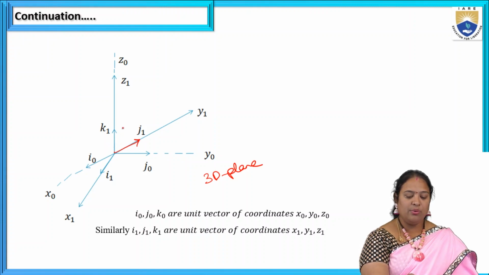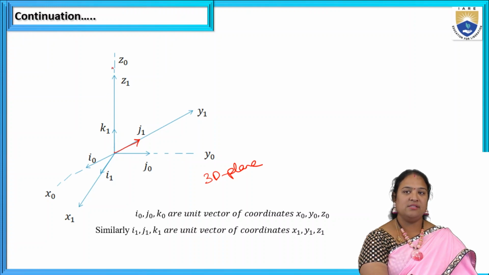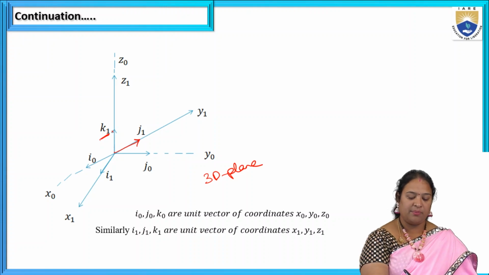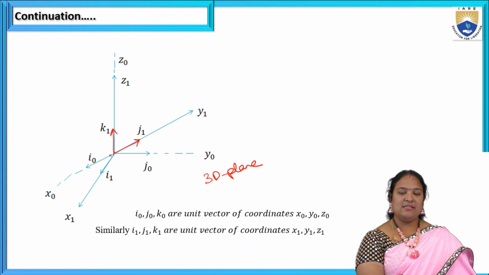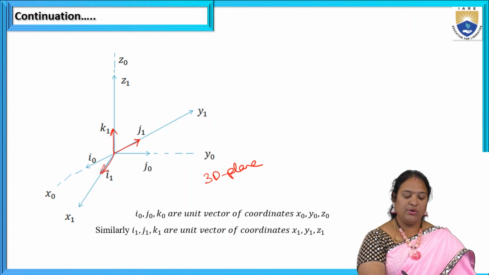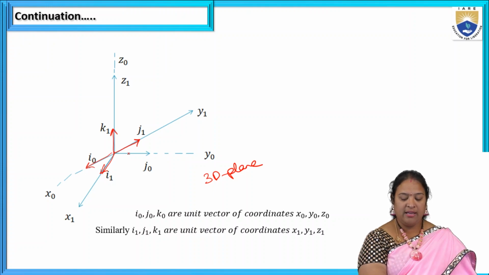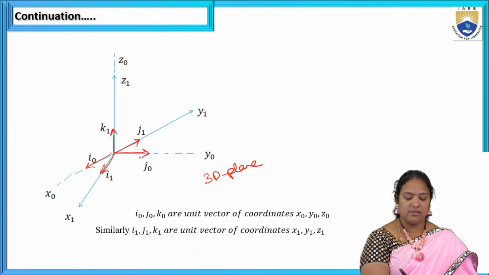So we get the axis z1 on the same axis as z0, which gives a unit vector k1, right? Whereas the x-axis x0 rotates by some particular angle to x1, giving us a unit vector i1 as well as a unit vector i0, and here also we get a unit vector j0.